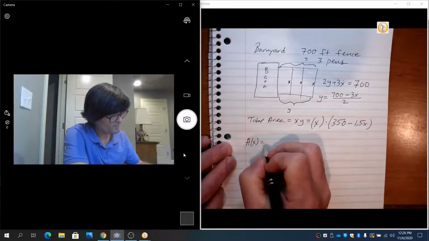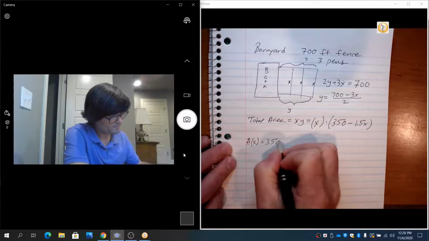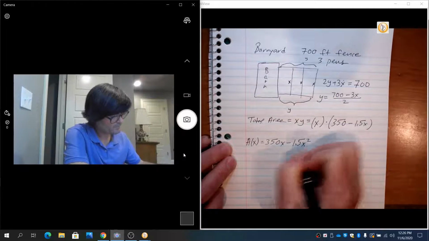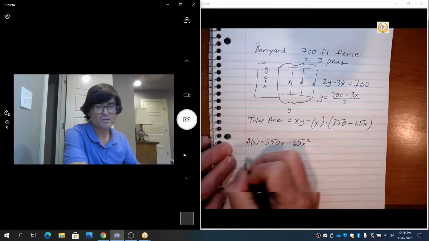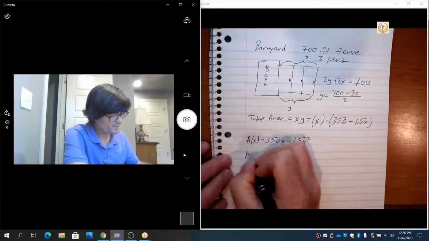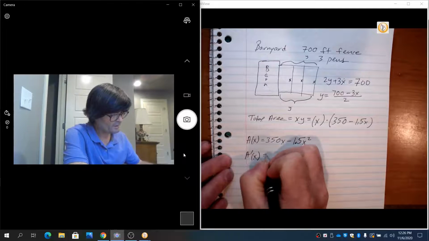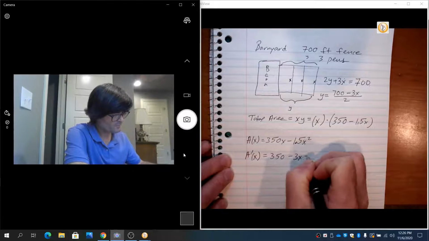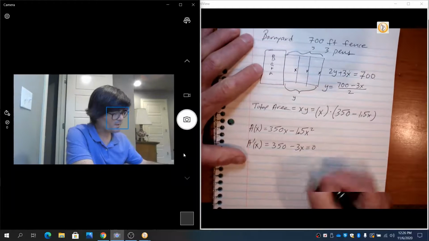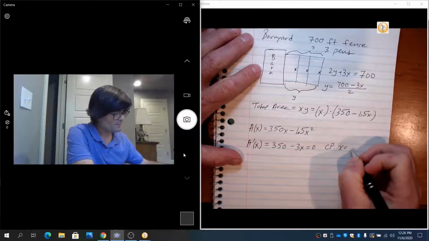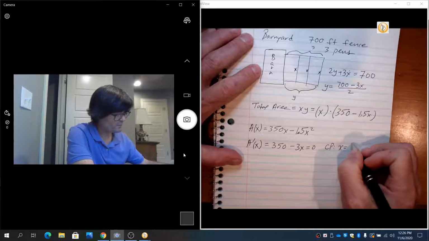So 350x minus 1.5x squared. And the derivative of that now, we're going to take that, set it equal to 0, find my critical points. A prime is going to be 350 minus 3x equals 0. And my critical point is going to be x is 350 over 3.